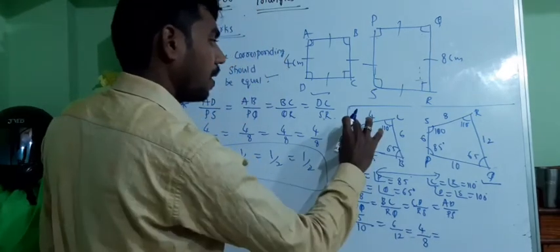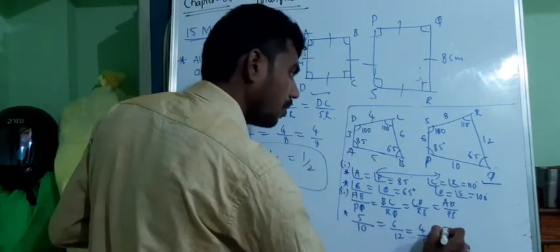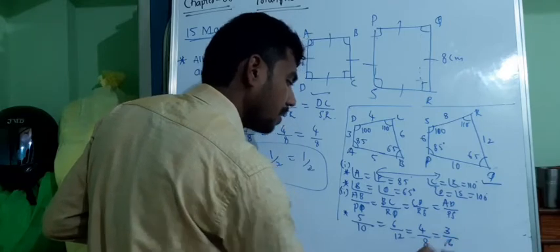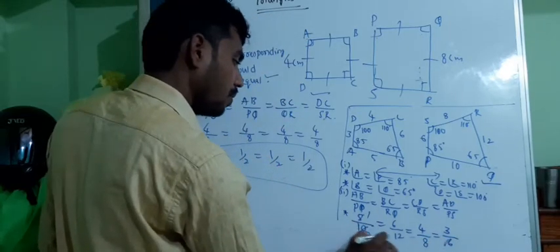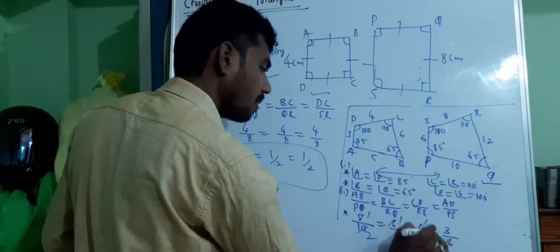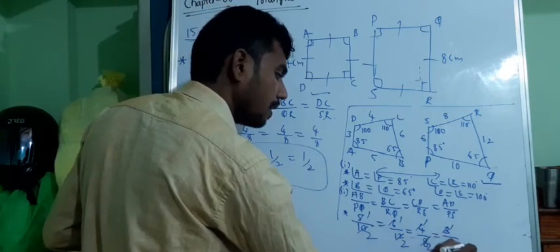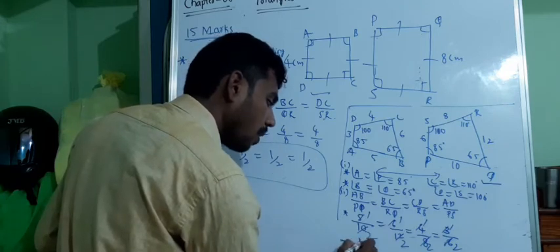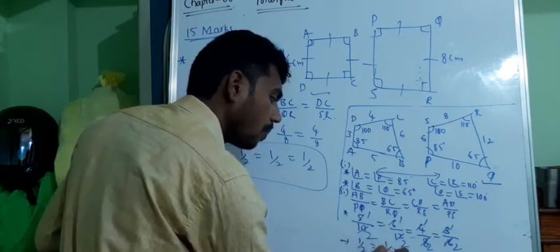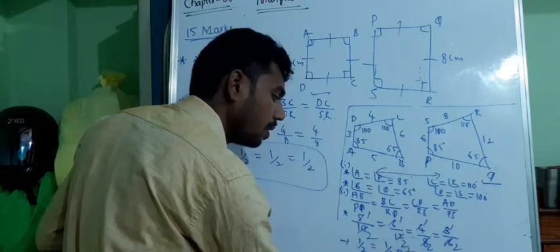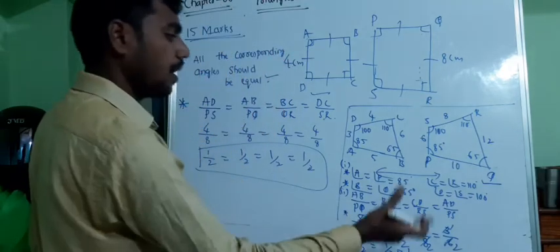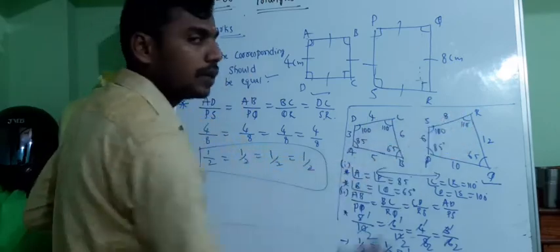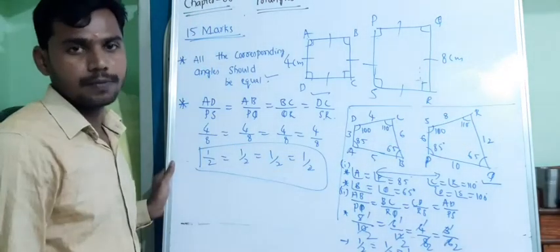Next, AD is 3 units and PS is 6 units. So 5 ones are 5 twos, 6 ones are 6 twos, 4 ones are 4 twos, 3 ones are 3 twos. In all the cases, the ratio is 1 by 2, equal to 1 by 2, equal to 1 by 2. The ratios of corresponding sides are equal, therefore these two given quadrilaterals are similar.